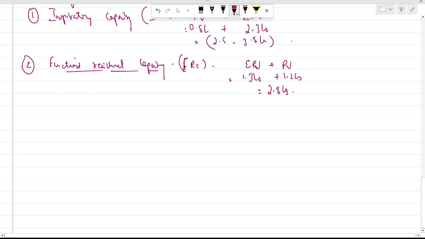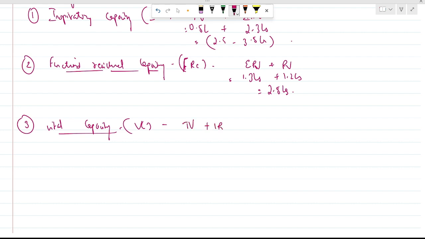Third, we have the vital capacity, VC. This is the sum of tidal volume, inspiratory reserve volume, and expiratory reserve volume, all three top volumes. 0.5 liters plus, taking the average, 2.5 liters plus 1.3 liters comes out to nearly 4.3 to 4.5 liters.